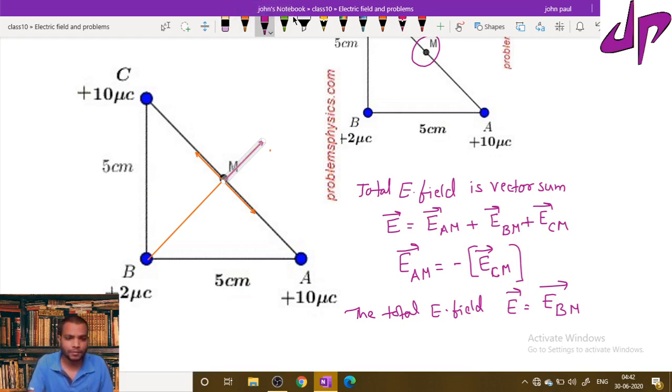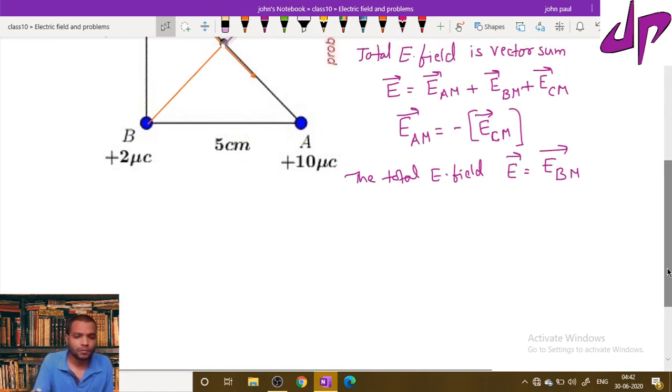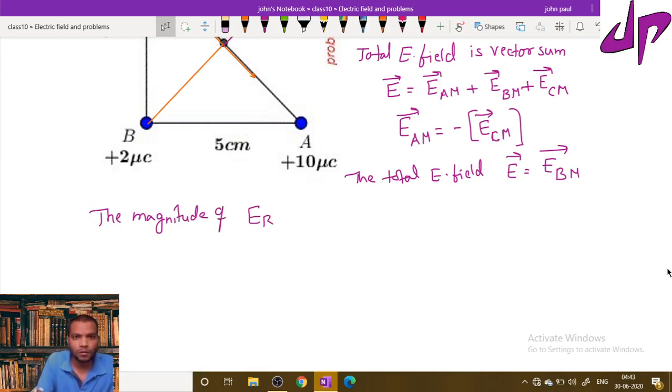So the magnitude of E_BM, the electric field due to B at M, is given by the electric field formula, K times charge Q divided by distance squared.